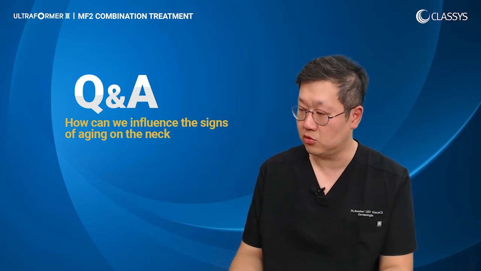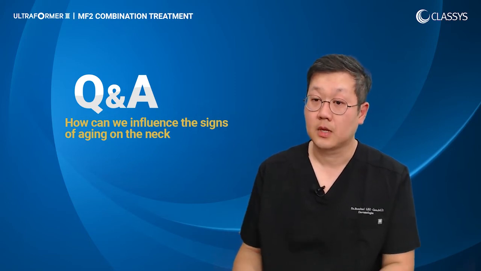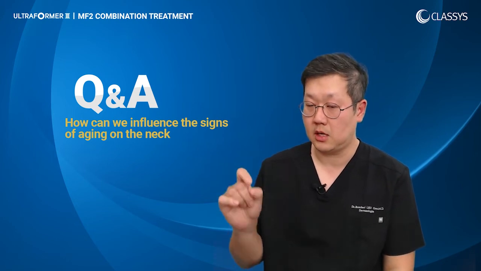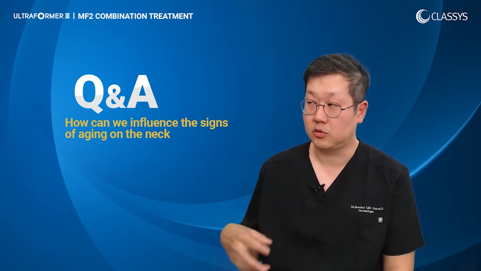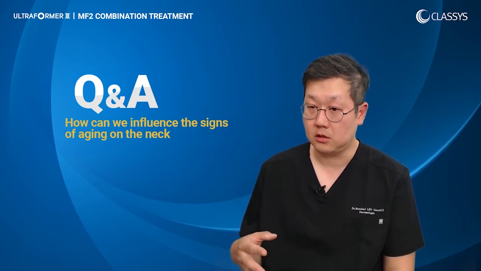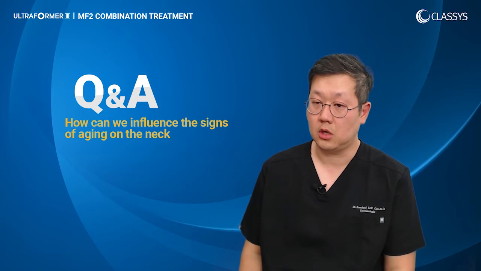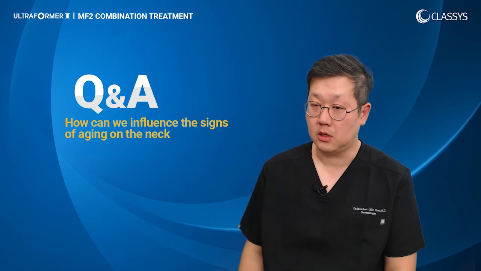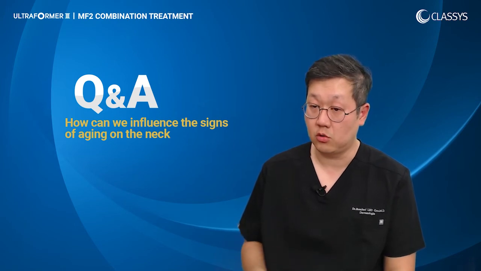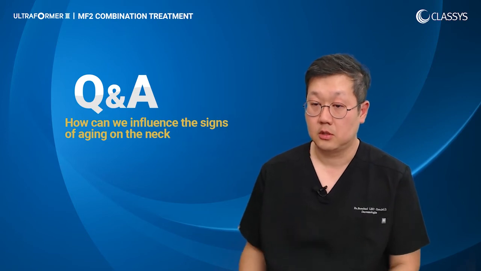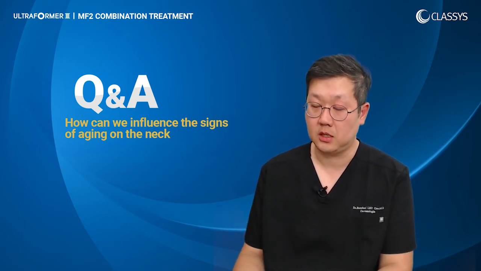And usually MF2 gives just a tingling and some sharp character to the skin. So usually we need a very short time of anesthesia, just a local anesthesia with topical creams is enough. But it depends on how much pain the patient can handle. So, yeah.